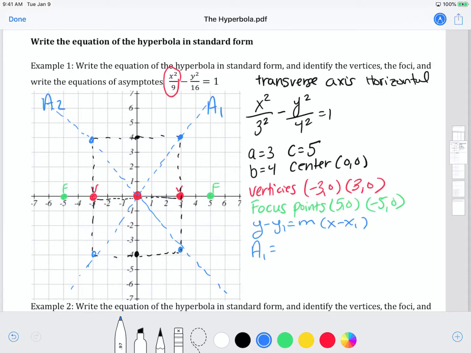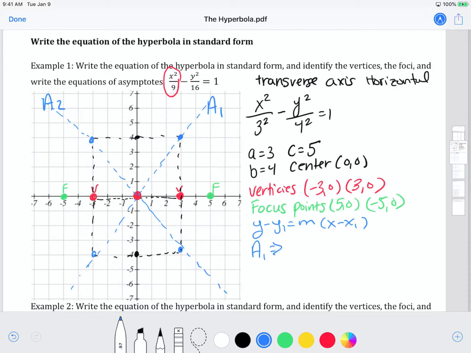Asymptote 1 has a positive slope because it goes up, left to right. It passes through the center, so that's my x1 and my y1, my point on the line. And then to find the slope, I just got to find my rise over run. Well, if I start at my center and I go up 4 and over 3, that's going to give me another point on the line. So my slope is going to be 4/3, positive for A1.